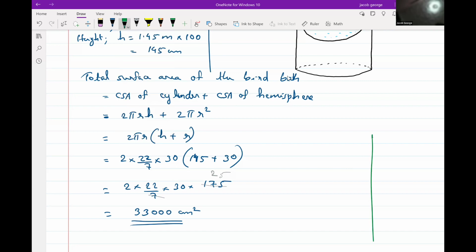But in case they ask, you will divide by 100 into 100 to convert centimeter square to meter square. So 2 zeros will go, one more zero will go, and you get 3.3 meter square. Centimeter to meter is divided by 100; centimeter square to meter square is divided by 100 into 100. Like that, you can easily write the units.